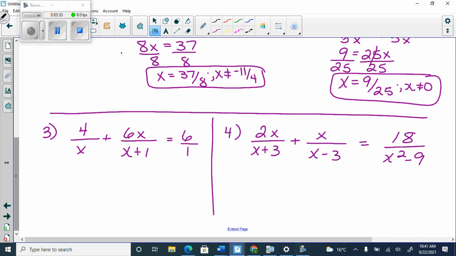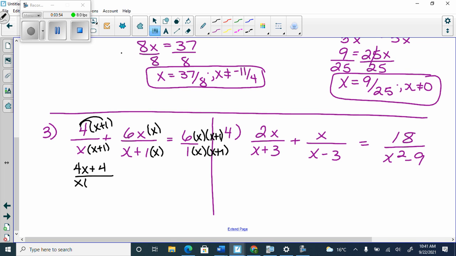This one here is a monomial and a binomial, so I have to multiply this one by x plus 1 and this one by x plus 1. This one by x, this one by x, and then this one by both, x and x plus 1. So, this one I'm going to get 4x plus 4 over x, x plus 1, plus 6x squared over x, x plus 1, equals, now this goes into the end bracket and stops, so I get 6x times x plus 1.